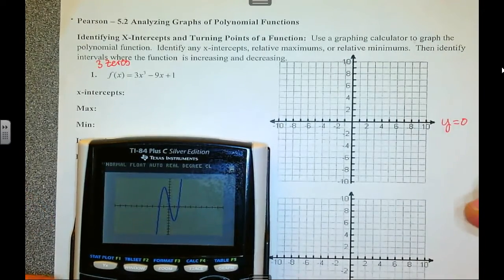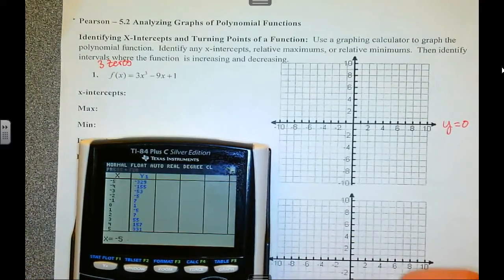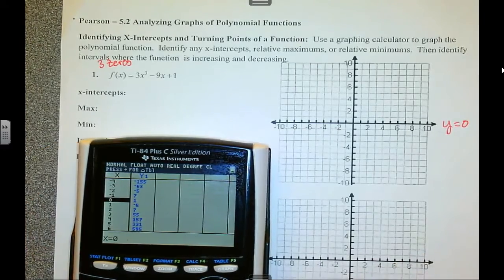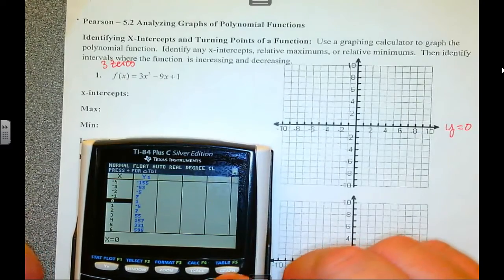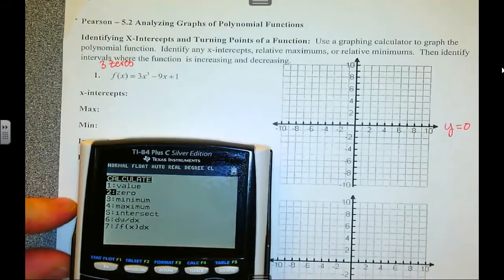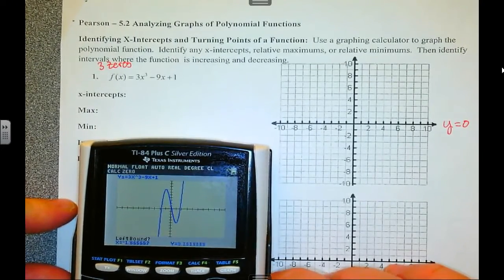Let's try and look at our chart and see if we got any y values that are 0. And unfortunately, we don't. That would be the first place I would check. So we're going to have to calculate our zeros. Going to hit second trace, get our first 0. It's asking for the left bound.